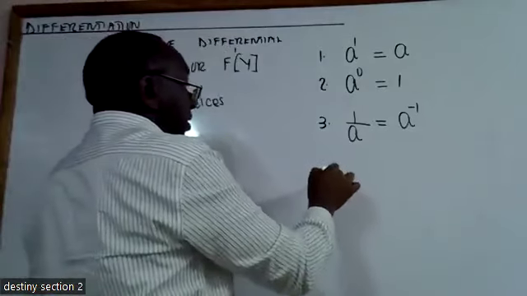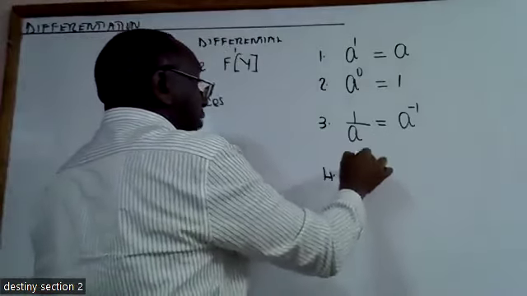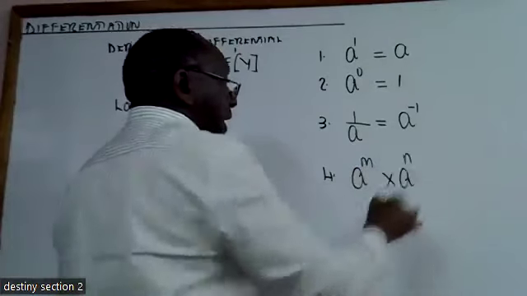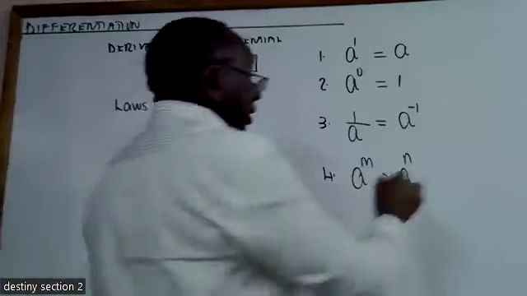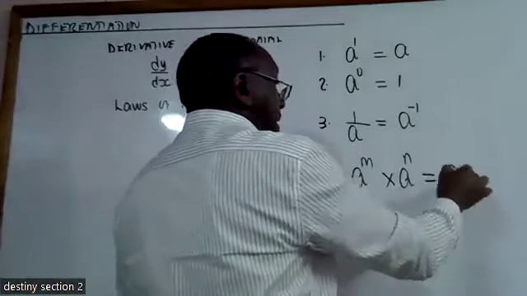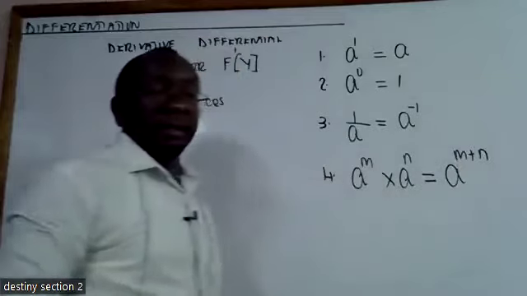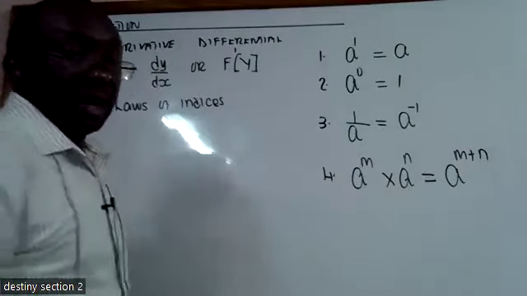If you are given a^m multiplied by a^n, you get a^(m+n), you add m and n.